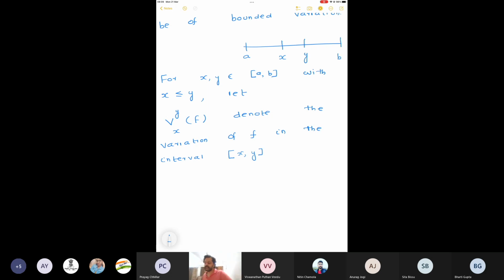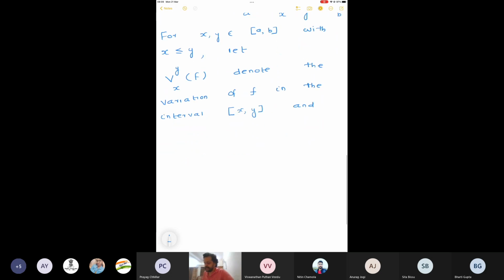In case x equals y, I shall define this quantity to be 0. And let us define Vxyf equal to 0 if x is equal to y.